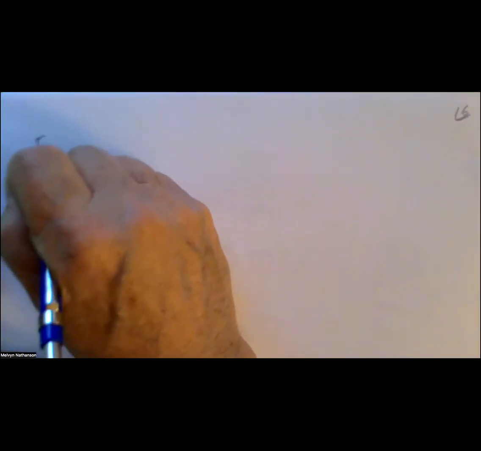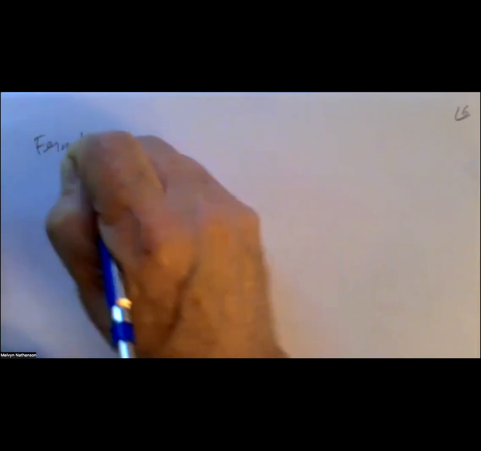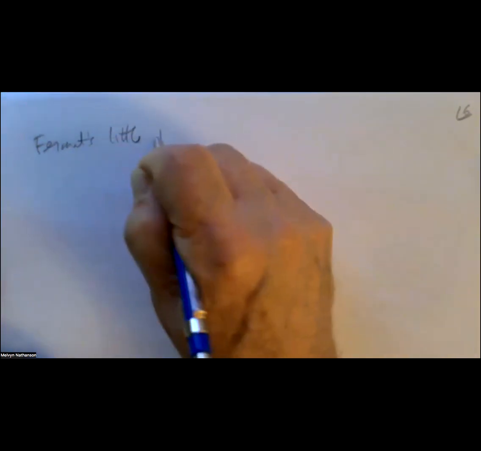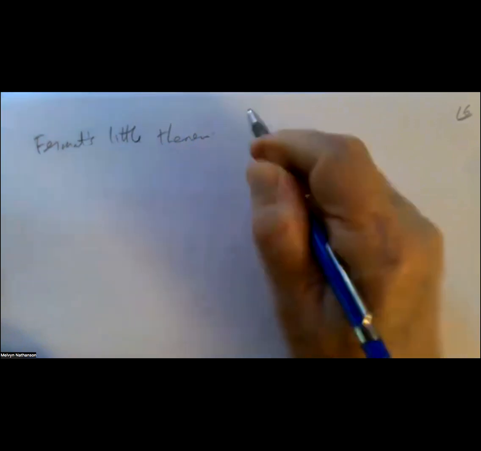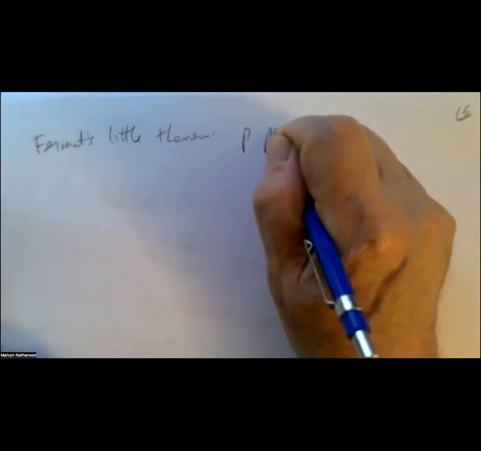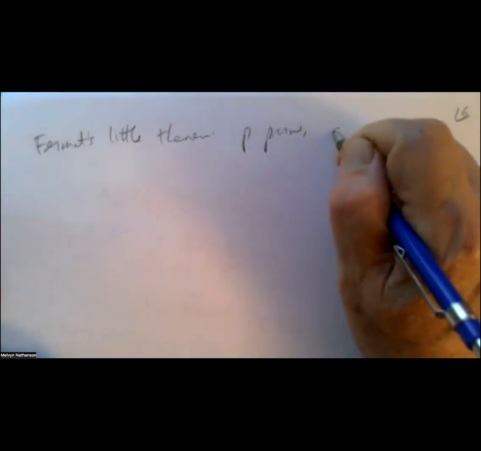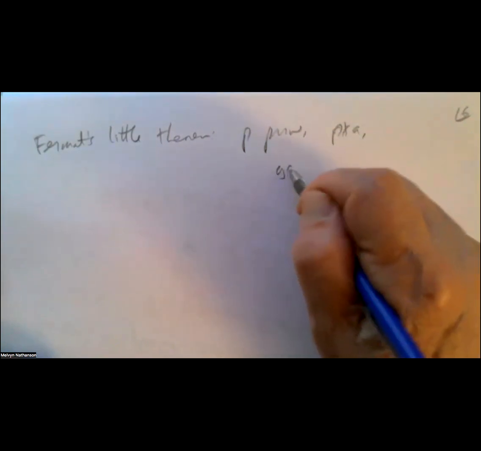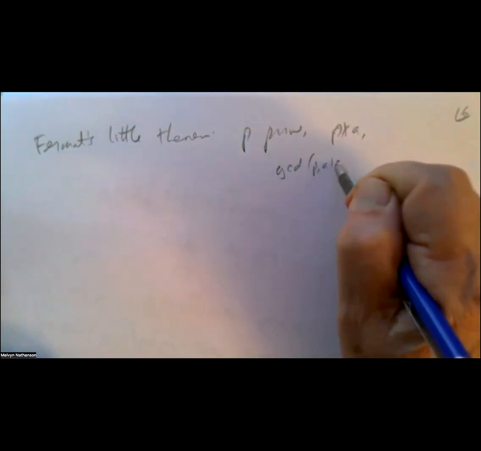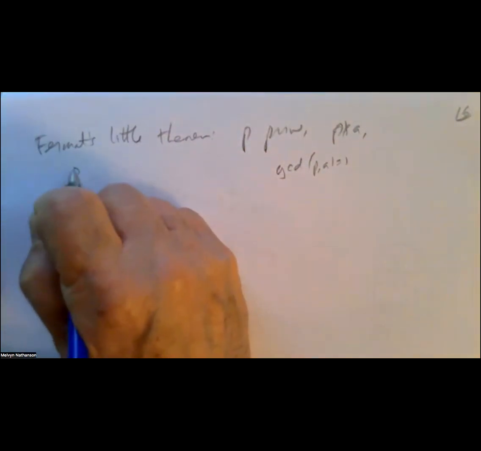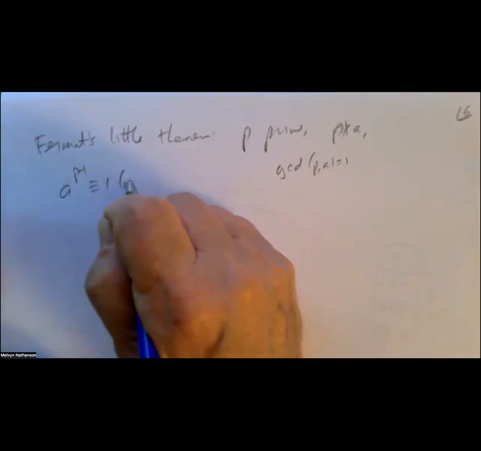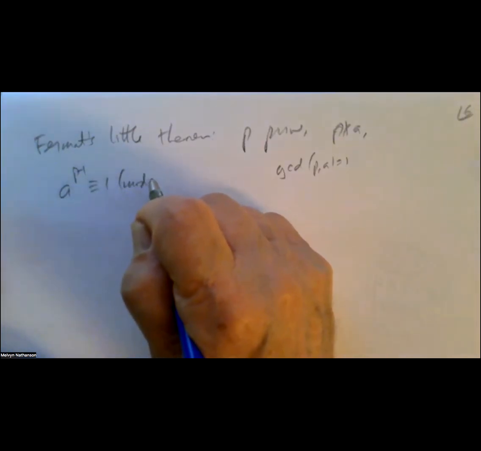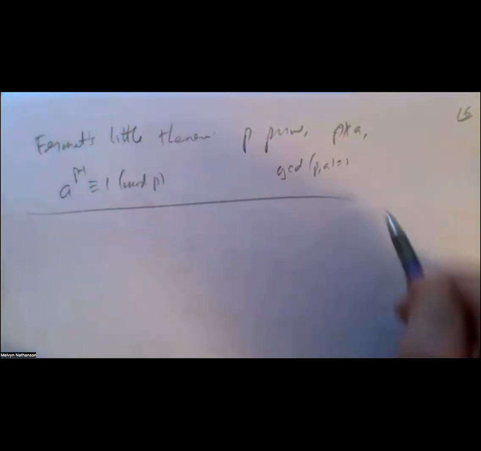So we had proved what is called Fermat's little theorem, which says that if P is a prime number and P does not divide A, or the GCD of P and A is 1, then A to the power P minus 1 is congruent to 1 mod P.